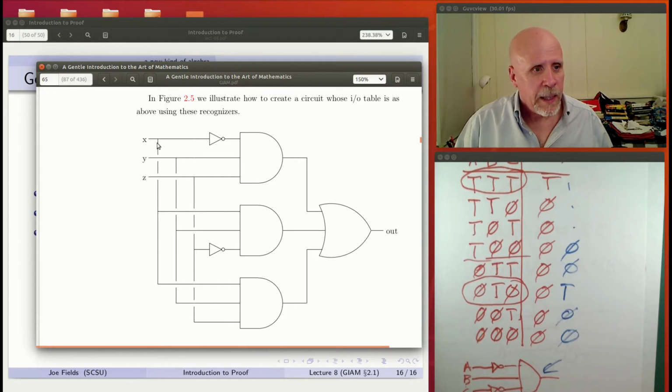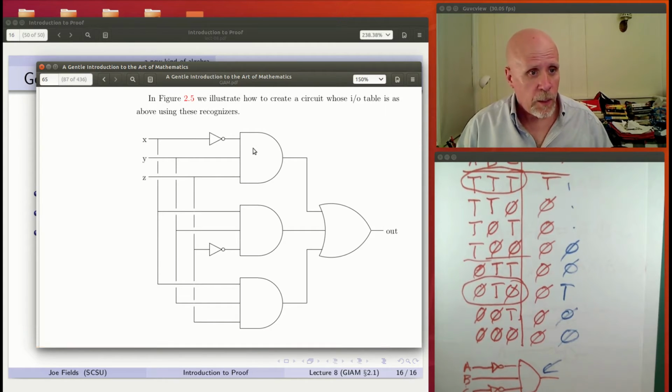I'm leading the X wire all the way down the page so that I can use it in different places. The Y wire all the way down the page, again, used in different places. But I've kept the same convention that in each of these AND gates, the X, the Y, and the Z inputs occur in that order. So this is just plumbing to make the X, Y, and Z things all come up to the corresponding recognizers, because that's what these are.